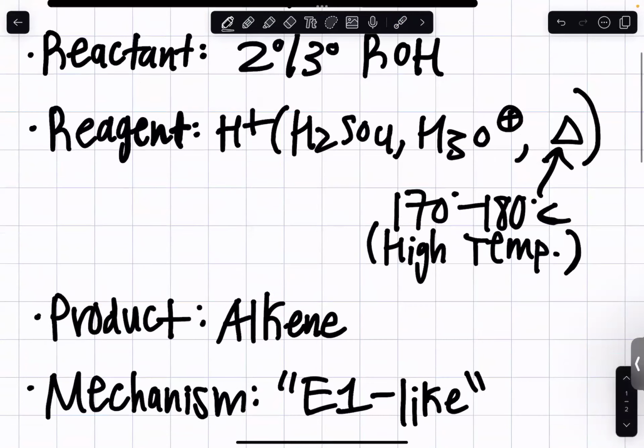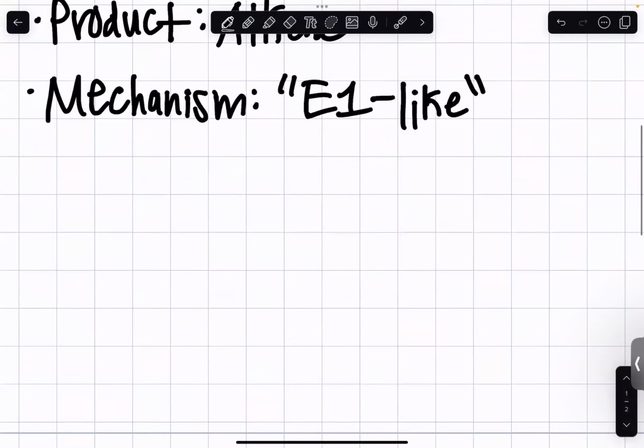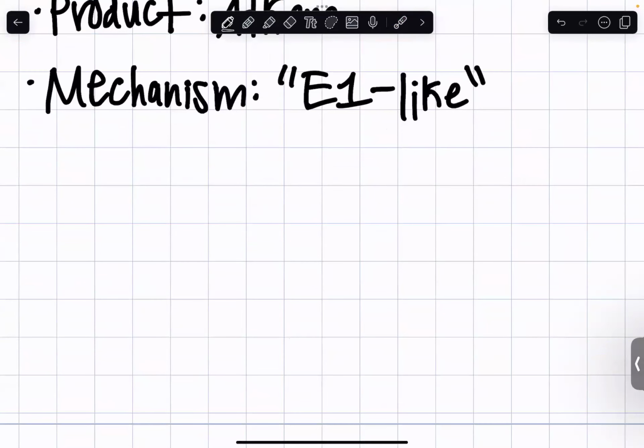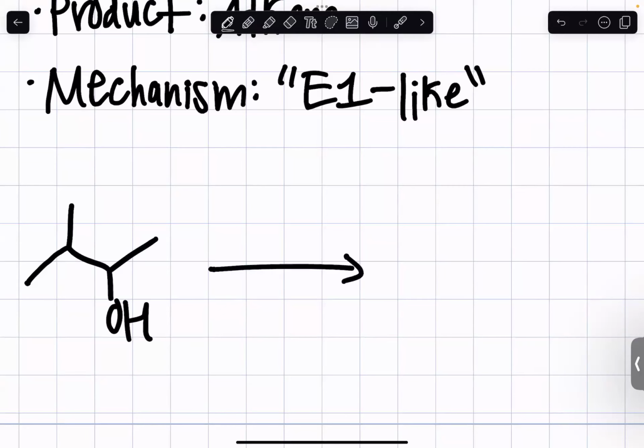Okay, so let's look at an example problem. Let's say we have something like this right here, where we have an alcohol right here, and we put that through acid and heat.